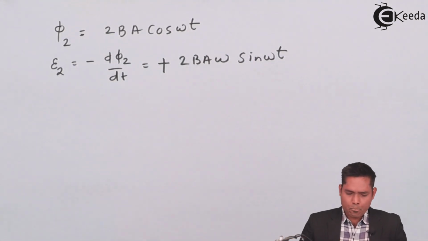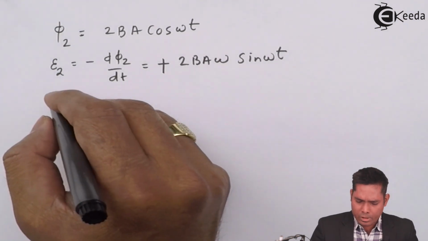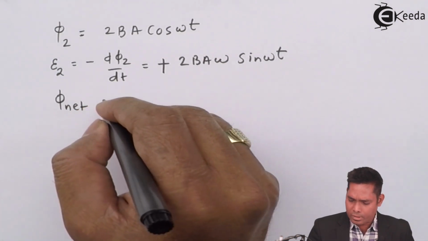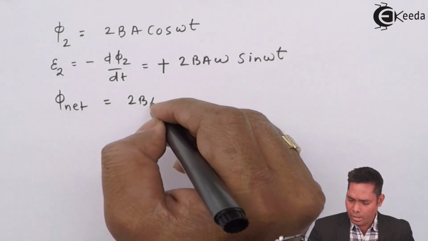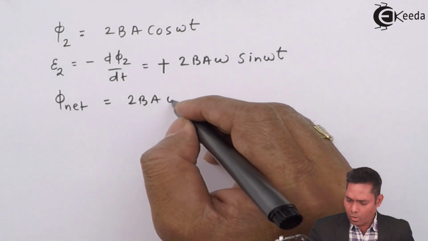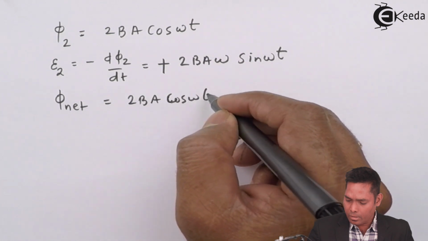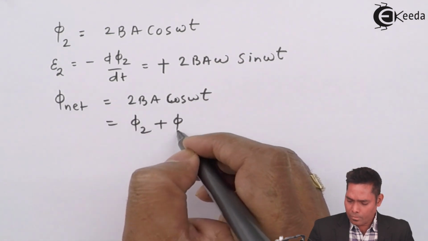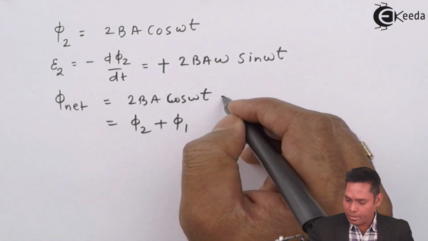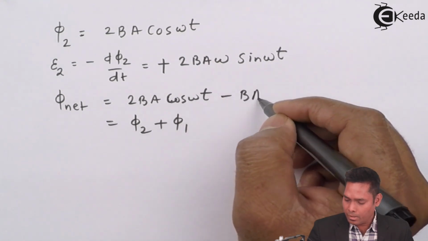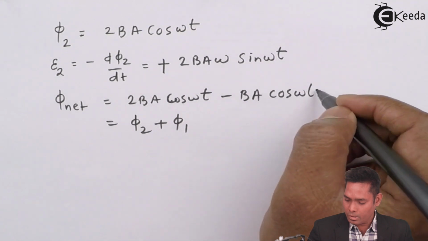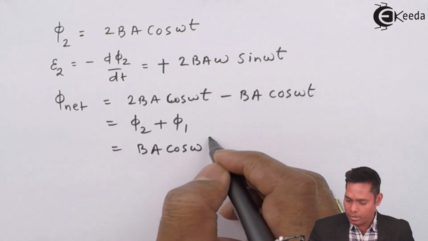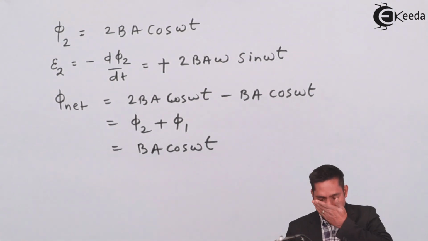So what is your phi net? Net flux is 2BA cos omega t, that is, phi 2 plus phi 1, which is 2BA cos omega t minus BA cos omega t. So this comes out to be BA cos omega t. This is the net flux.